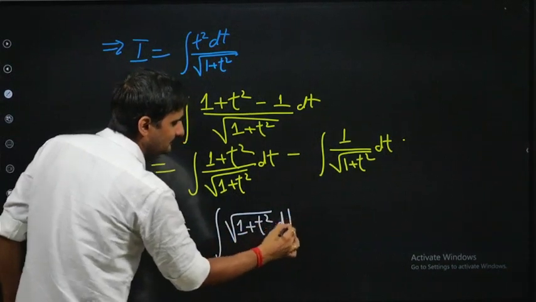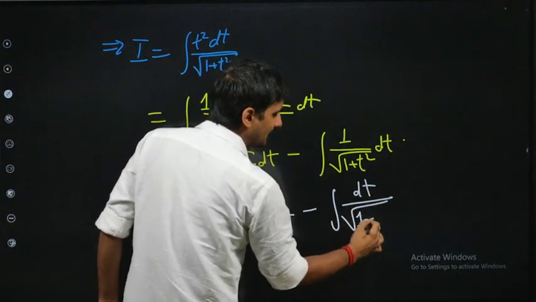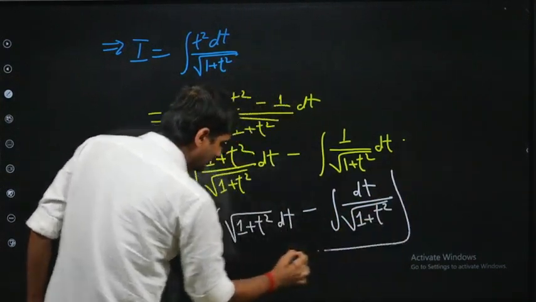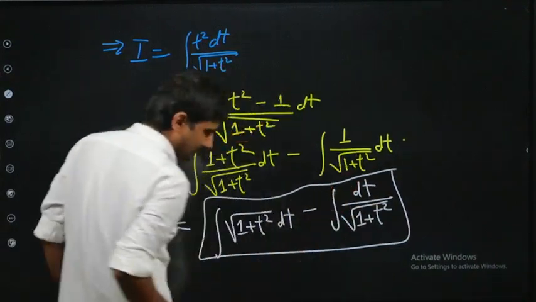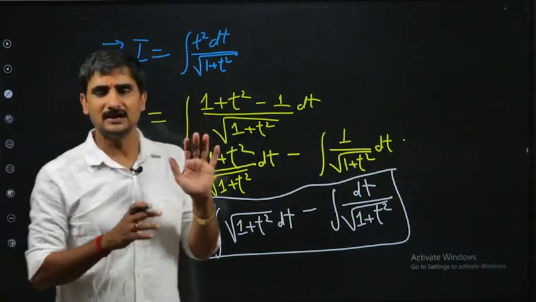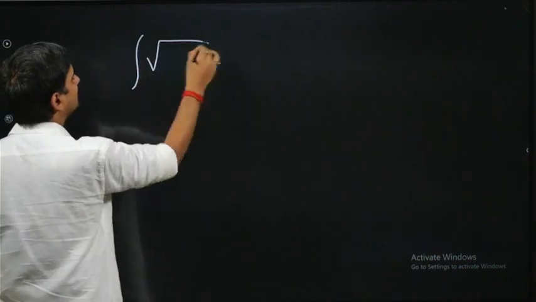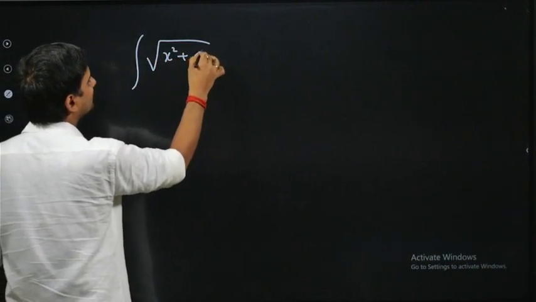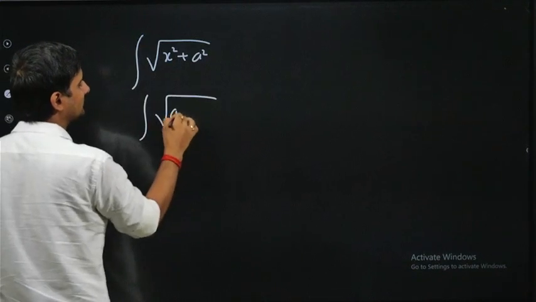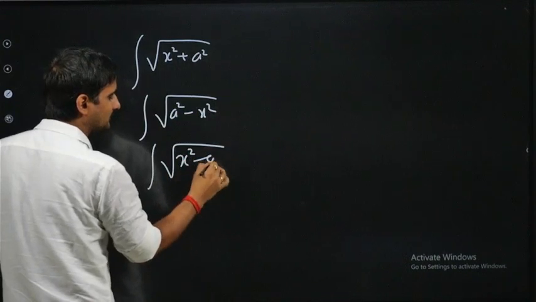So this is one and that's the other one. I believe all of you must know the integrals for these standard ones. There are standard integrals which you all need to remember: 1 upon under root of x square plus a square, integral of under root a square minus x square, and integral of under root x square minus a square.